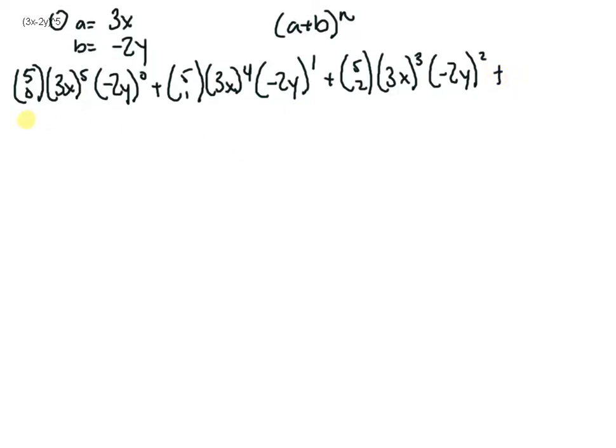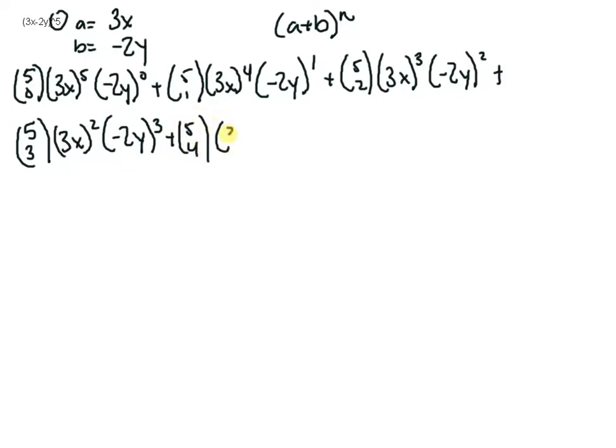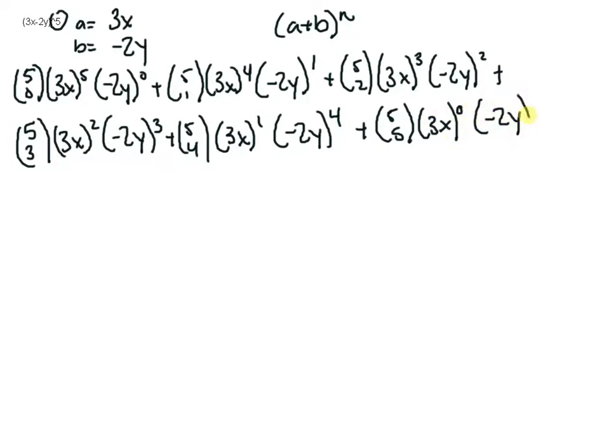I'm going to carry on down here. 5 choose 3, 3x to the 2, negative 2y to the 3. 5 choose 4, 3x to the 1, negative 2y to the 4, and then 5 choose 5, we have 3x to the 0, and we have negative 2y to the 5.